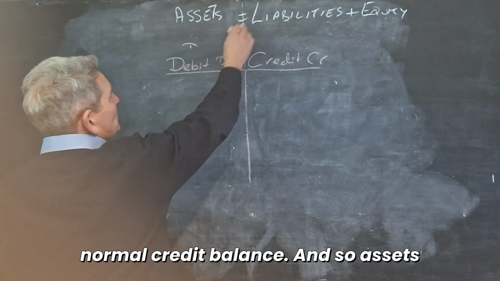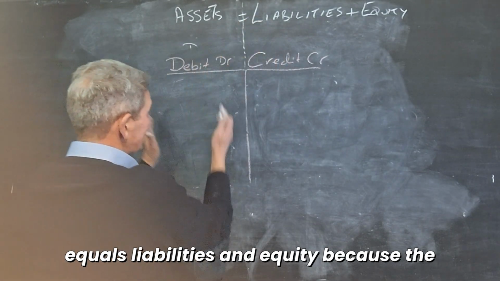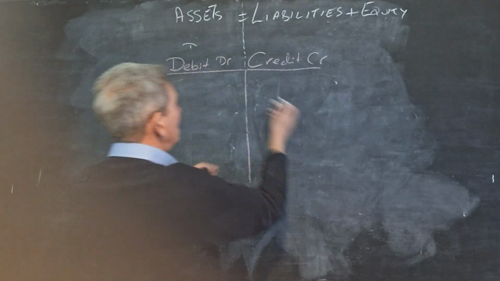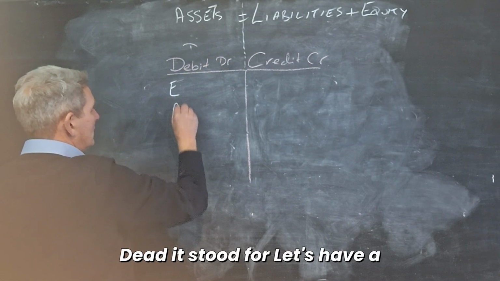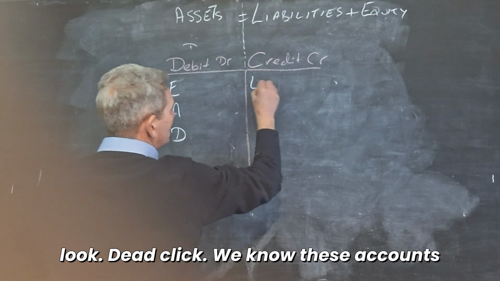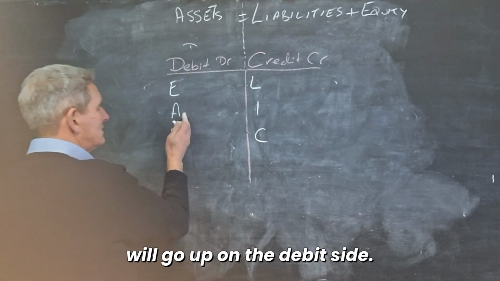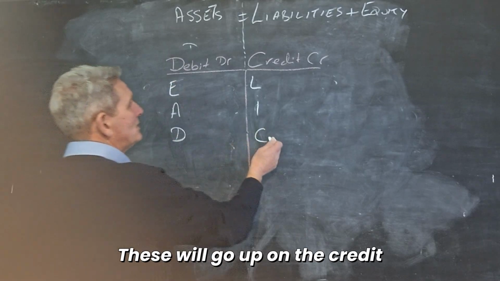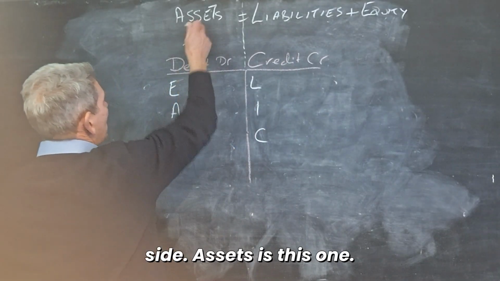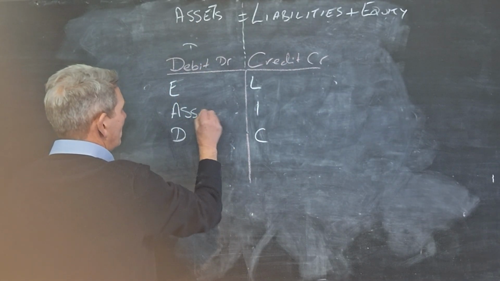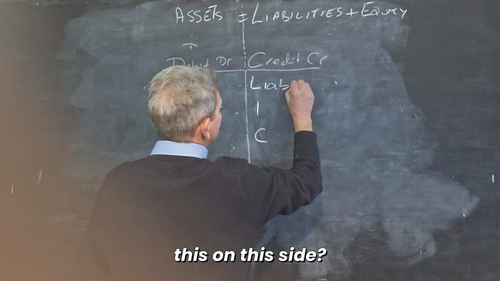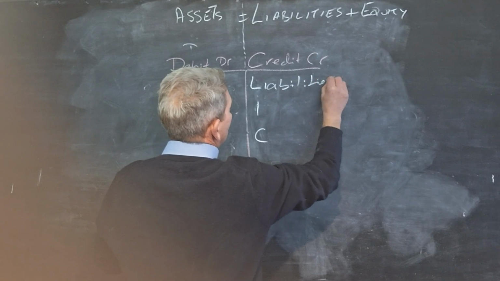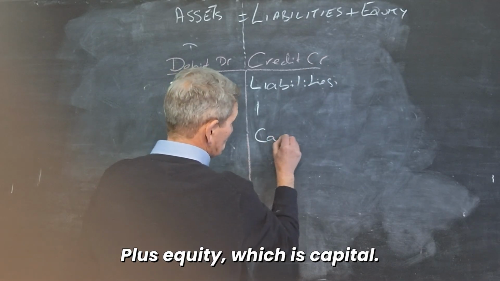And so assets equals liabilities and equity because the debits always equal the credits. Look, DEAD, it stood for, let's have a look, DEAD CLIC. We know these accounts will go up on the debit side, these will go up on the credit side. Assets is this one. Assets equals liabilities, that's this on this side, plus equity, which is capital.